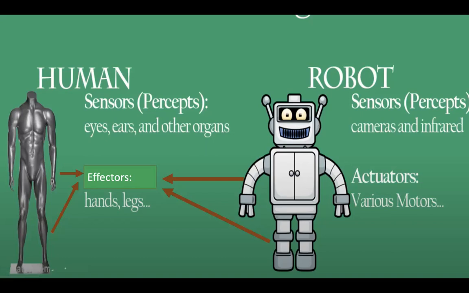Similarly, there can be other sensors that can gauge motion or vibration or temperature, etc. So all those sensors are embedded in the agent for the agent to know the world or the environment that it exists in.